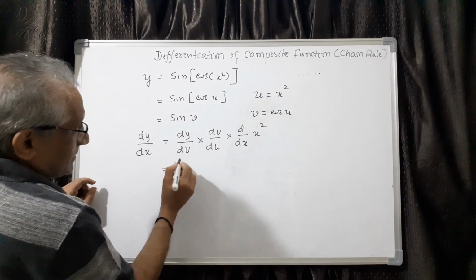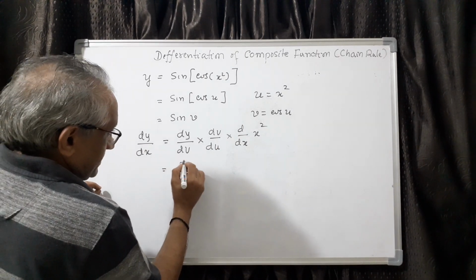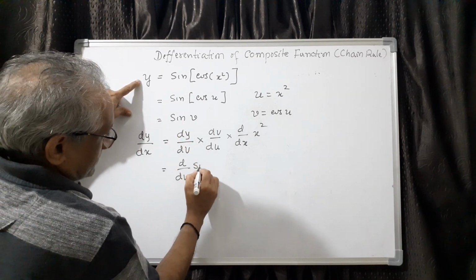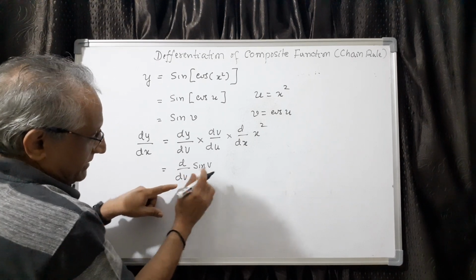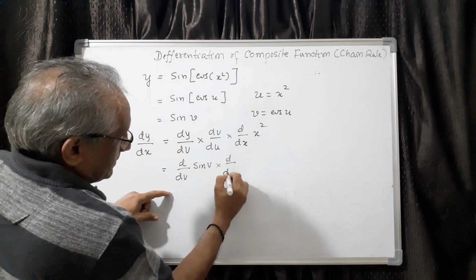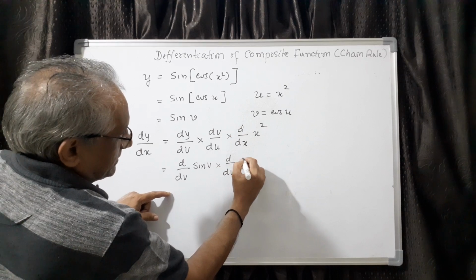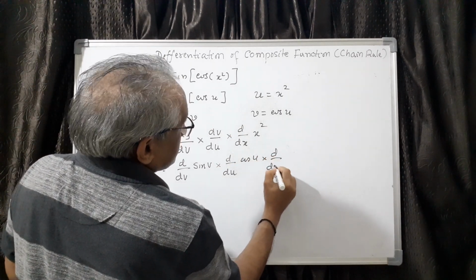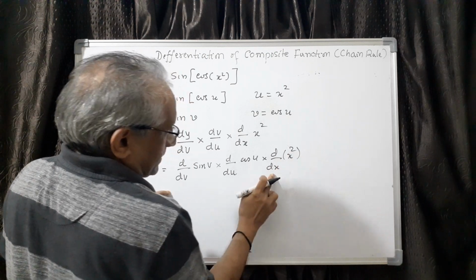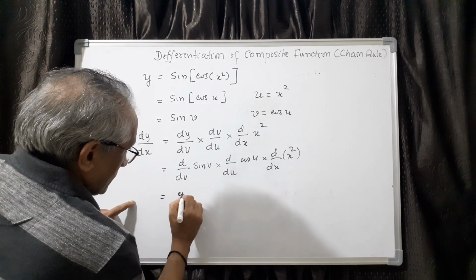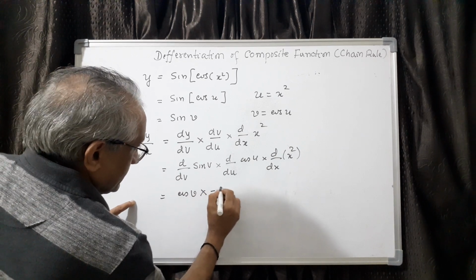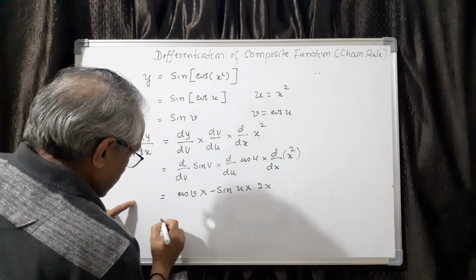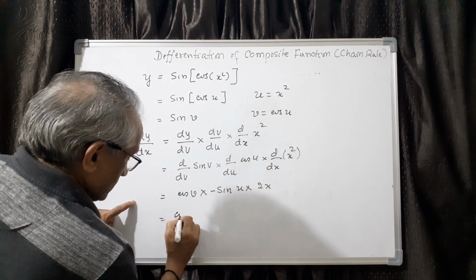So this will be equal to, now we substitute d by dv of y, y is sin v, so cos v, and here also you can check v, into d by du of v, it is cos u, so minus sin u, you can check u and u, into d by dx of x square, so 2x. So this is cos v into minus sin u into 2x. Of course, later you have to substitute this cos v.